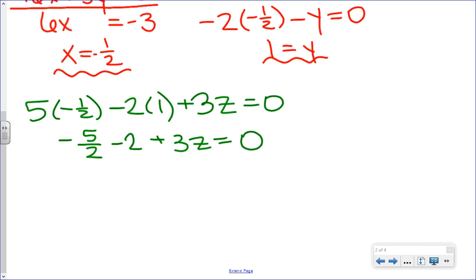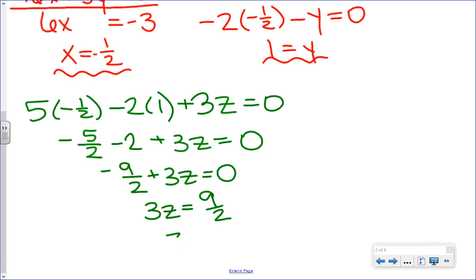Negative 5 halves minus 2 would be the equivalent of negative 9 halves. Do you agree? So we have 3z equals 9 halves. When we divide by 3, we get z is 3 halves.